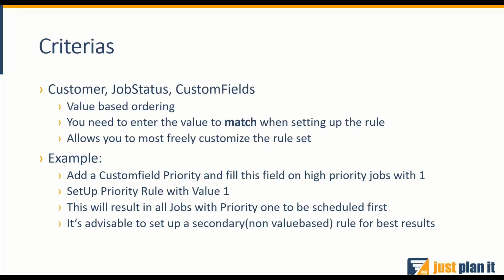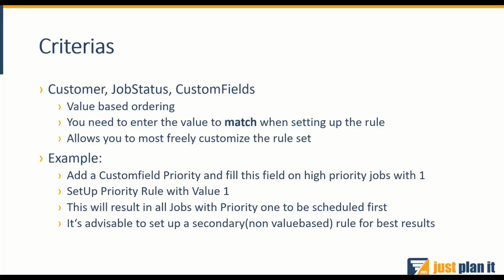And this type of rule allows you to most freely customize your rule set, because since you are adding the values that we're sorting by, you can actively decide this. But this also comes with the most maintenance that you need to do to keep the fields up to date with your plan and responsibilities.